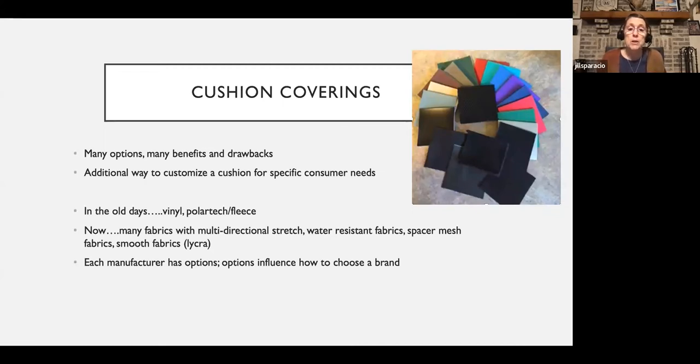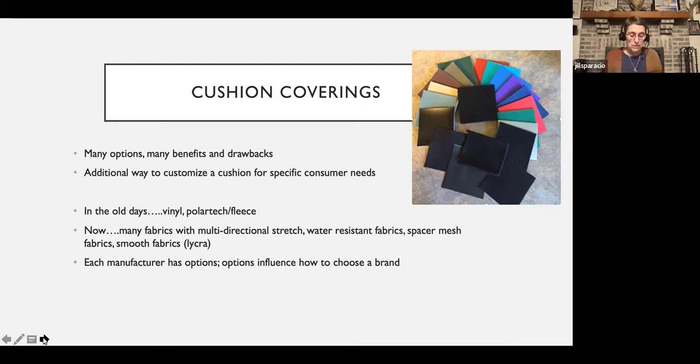And again, each manufacturer has unique options, and these options often influence which manufacturer I choose. I don't worry about colors because I'm more concerned with the features and the functionality.